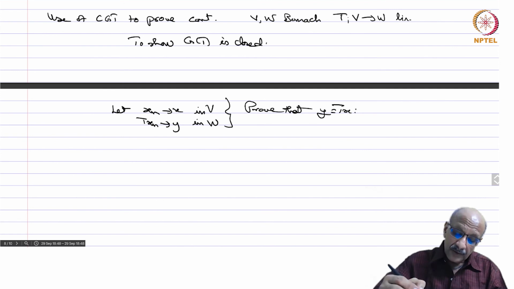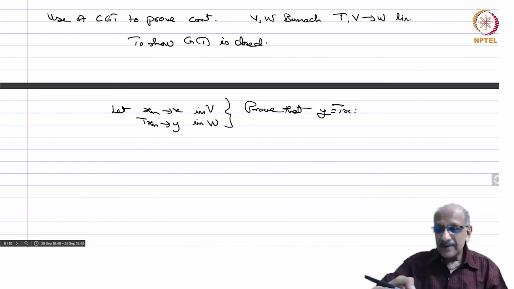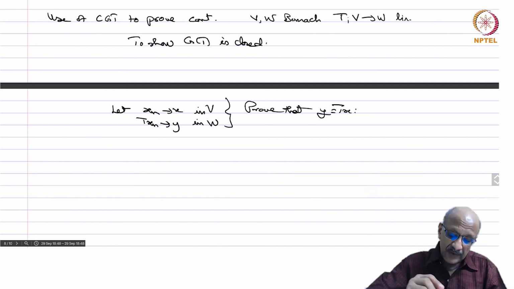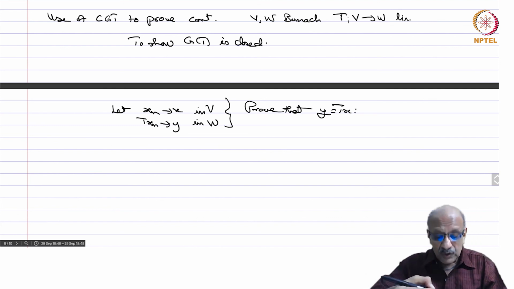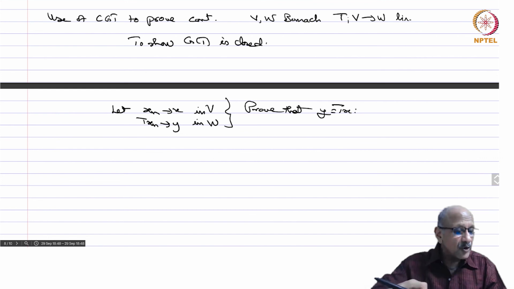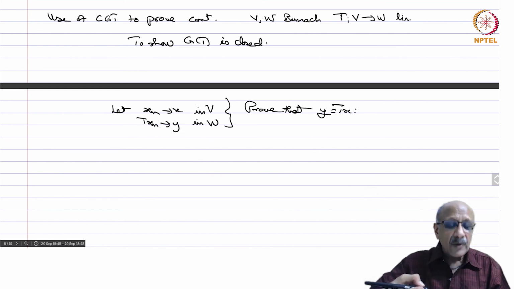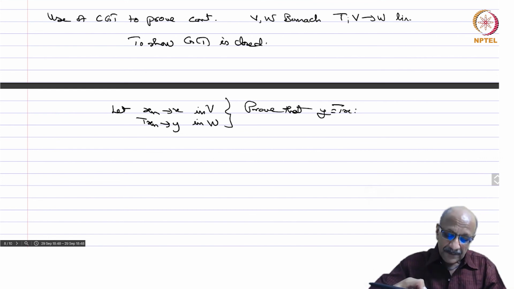Okay. Now this is the beauty of this theorem. So normally when xn goes to x, you cannot in general show that Txn converges. But if you have Banach spaces, if xn goes to x and you assume that Txn goes to y, so you are permitted to assume the convergence of Txn, then somehow you show that y has to be Tx.